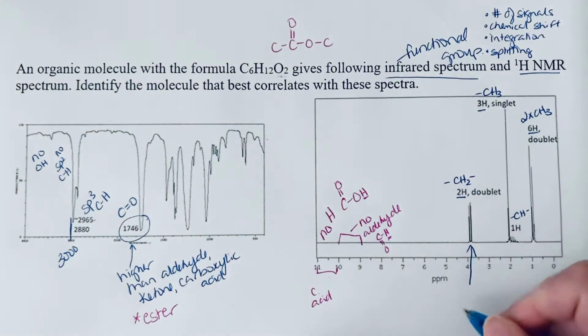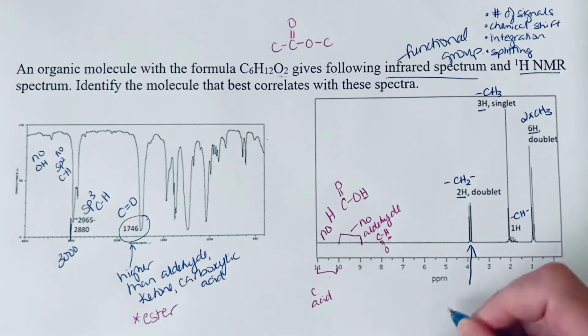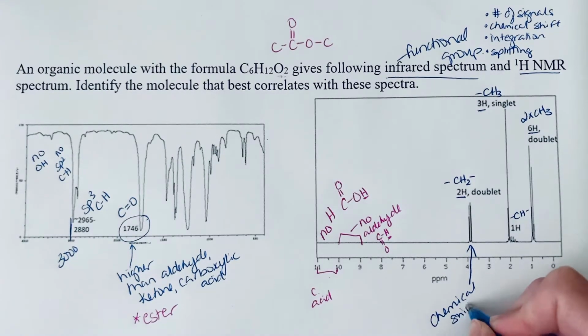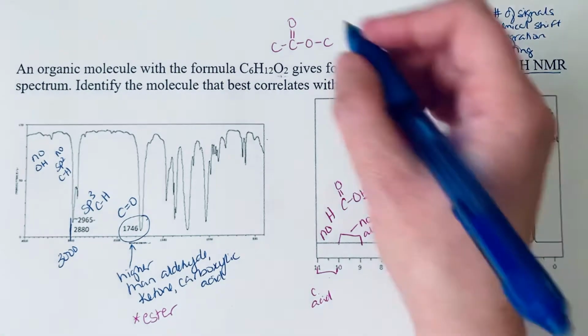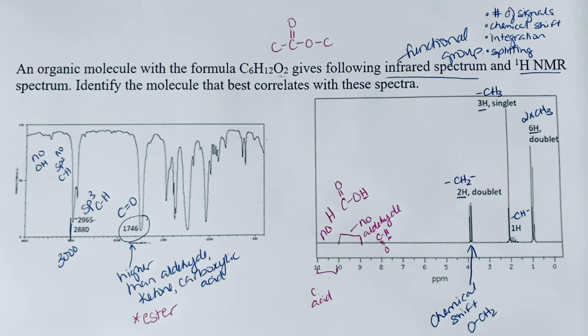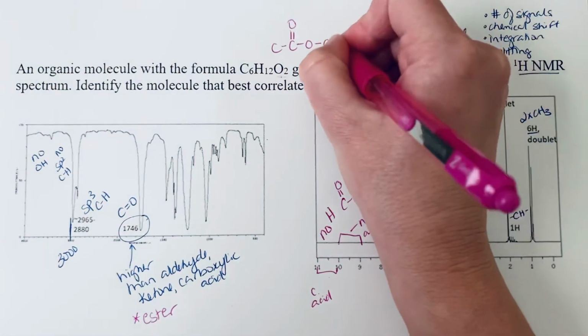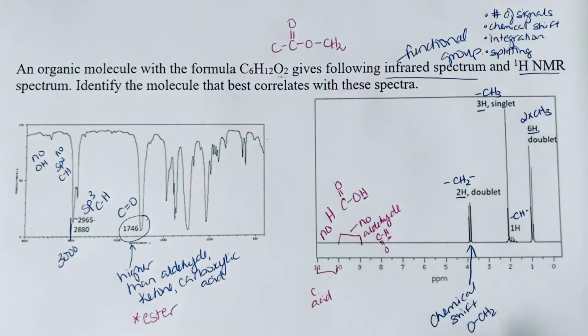So the chemical shift here tells me that these 2 hydrogens are probably attached to the oxygen. So this gives me a really good idea that it is a CH2 that we have attached to this oxygen.